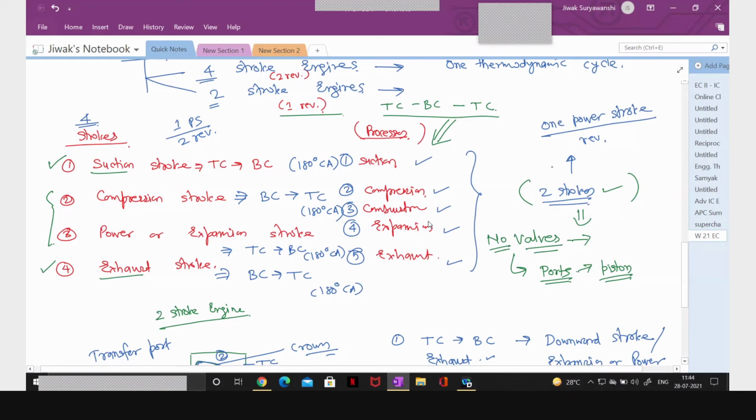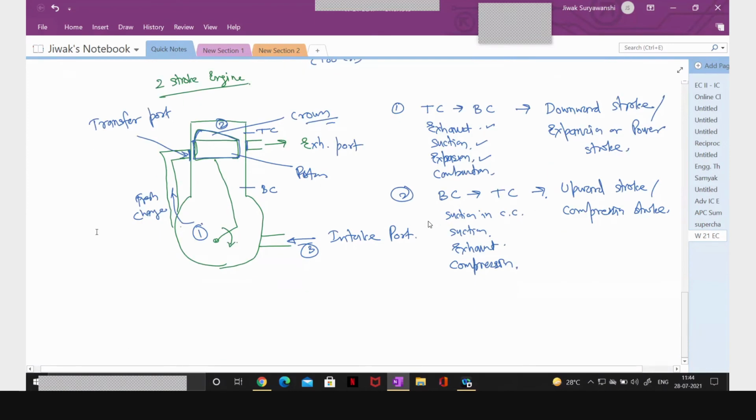Now, as a mechanical engineer, suppose I ask you to design an engine, you will design it for three criteria. Whenever you design any machine or engine, especially a prime mover, you will design it for maximum power.